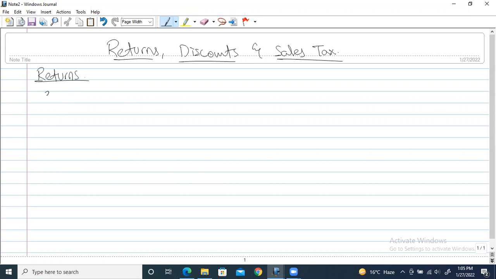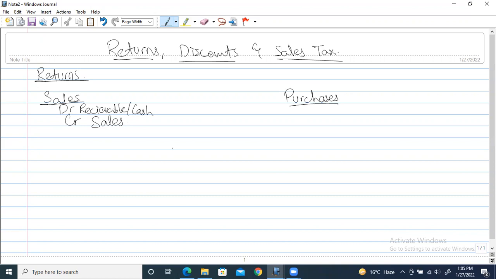But first of all, we need to see what are the double entry for sales, right? And for purchases as well. Because if we understand the double entries for these two, then we'll be able to differentiate between the returns and the normal entries. So for sales, yesterday and in the last class as well, I told you that we credit sales, right? And we debit either receivable or we debit cash, depending if the transaction is on credit or cash.